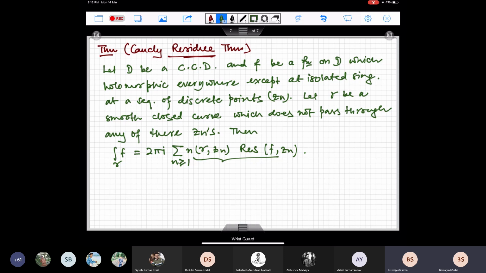So all but finitely many of them are going to lie on the unbounded connected component of C minus gamma. Therefore at those points the winding number is going to become 0, not the residue, but the winding number is going to become 0, and therefore for all but finitely many points your summand itself is going to be 0. So is this clear what I am saying?